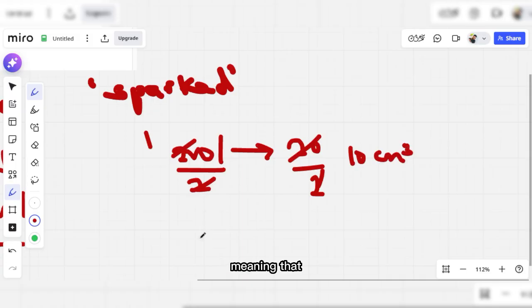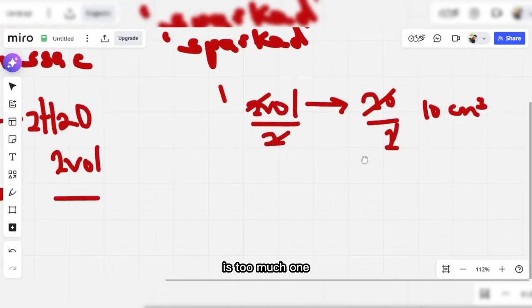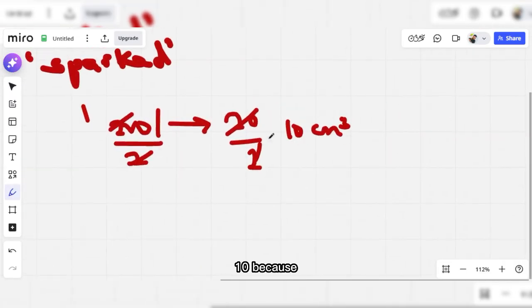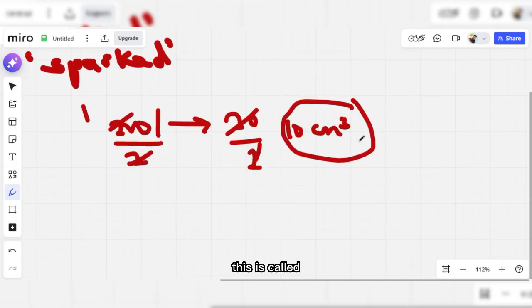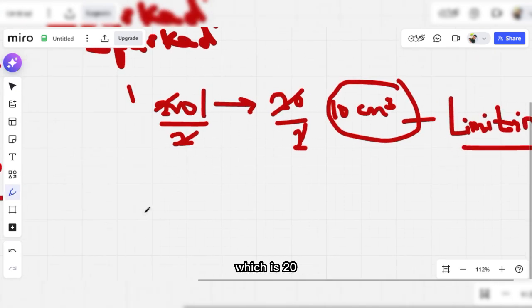So meaning that this other one here with 1 volume equals 20 is excess, is too much. 1 is meant to be 10 because we already have something 10. So this is called the limiting reagent because for 1 volume of it we are having 10 cm cube. So it is small. So being small is called limiting reagent. Are you getting it? So the other one, which is 20, is too much. So that means oxygen is in excess.